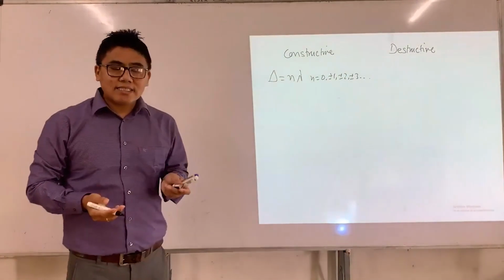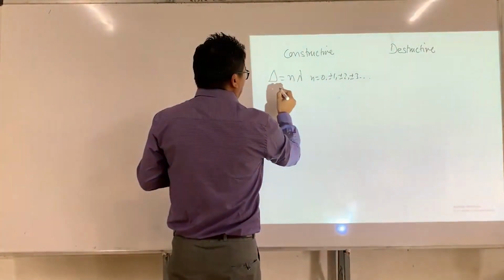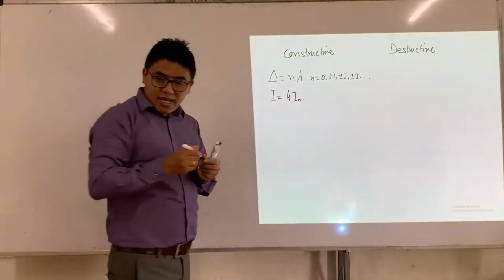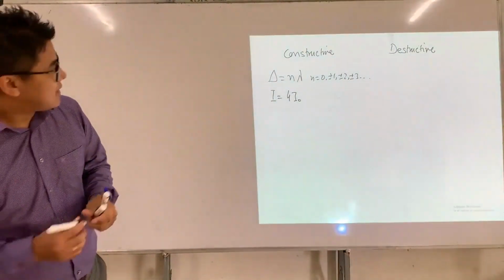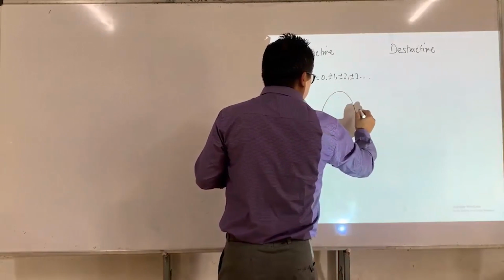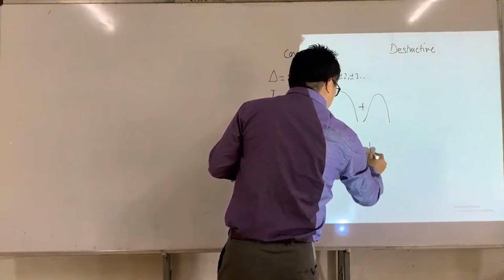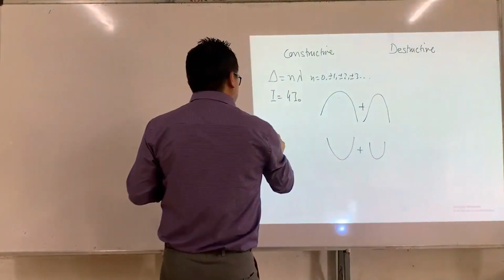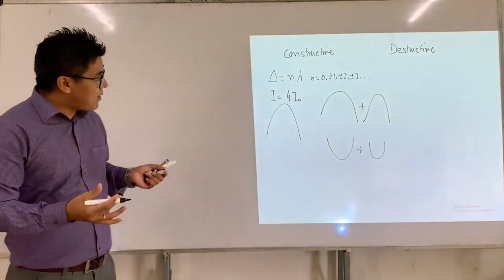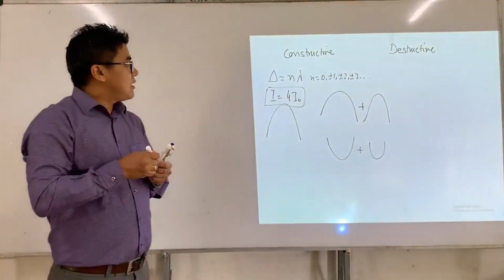This is what we call constructive interference, where intensity is going to be 4I naught. This is either crest combined with crest or trough combined with trough. So the resultant amplitude is going to be double, and the intensity is going to be 4 times.